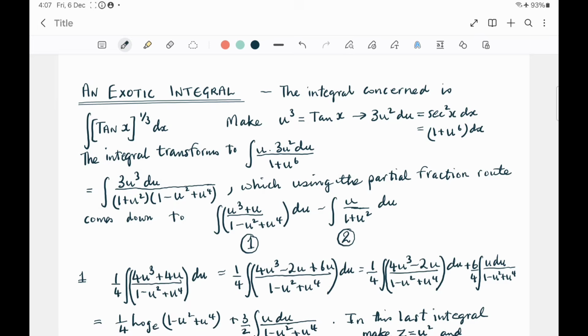So what I've done is to make u cubed equal tan x, which means that 3u squared du equals sec squared x dx, which is 1 plus u to the 6th dx, and the integral transforms to the integral of u times 3u squared du over 1 plus u to the 6th.